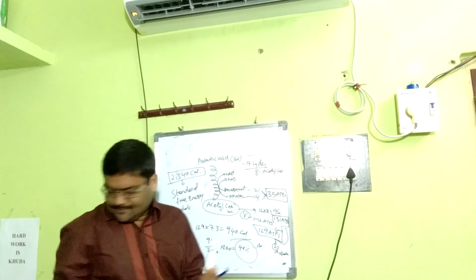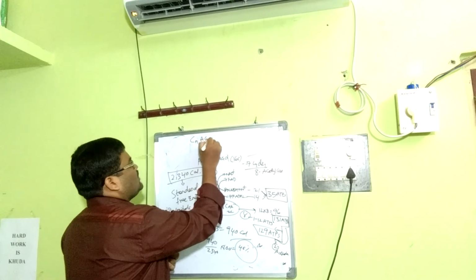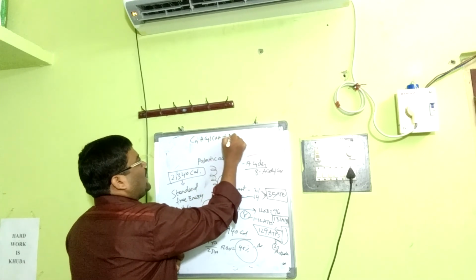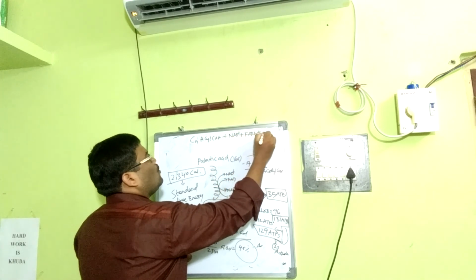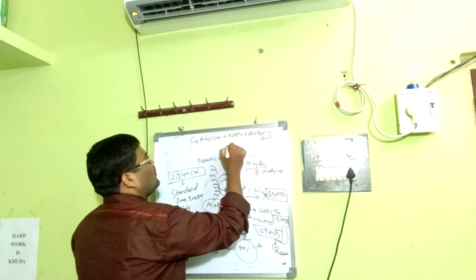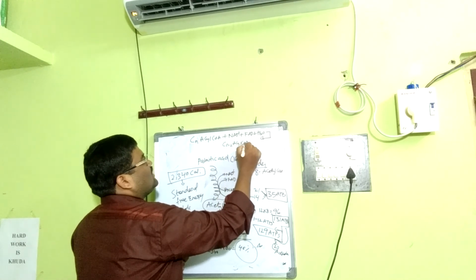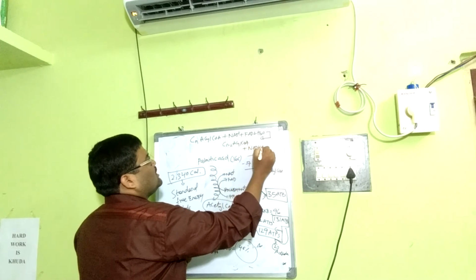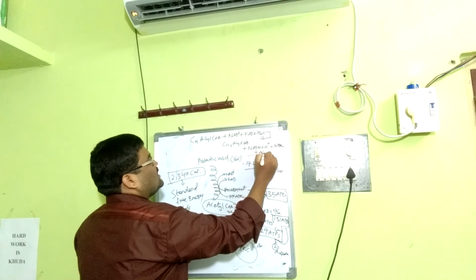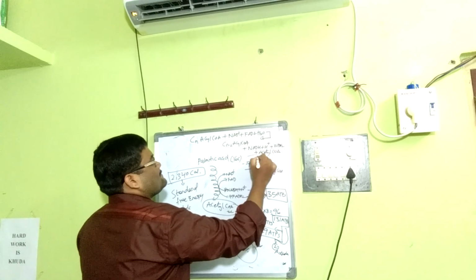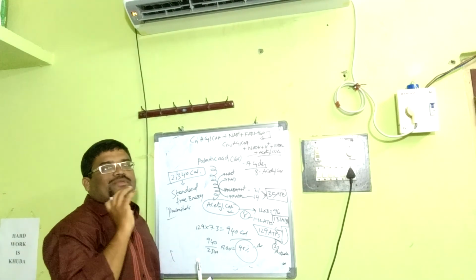The overall oxidation: say a particular carbon chain, Cn acyl coenzyme A plus NAD plus, FAD, then H2O, will lead to Cn minus 2 acyl coenzyme A, I told you already, plus NADH plus H plus, FADH2, plus acetyl coenzyme A. This is very important. This is the general reaction of beta oxidation.